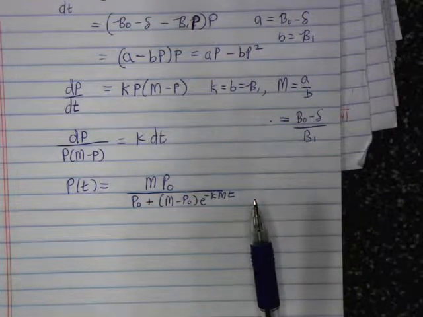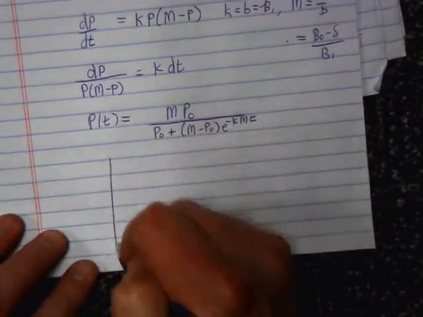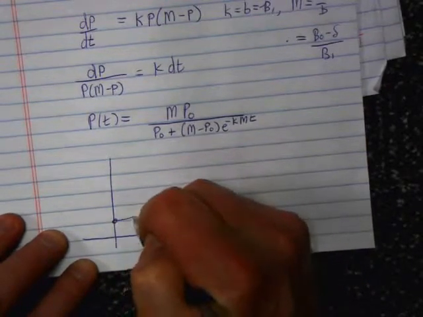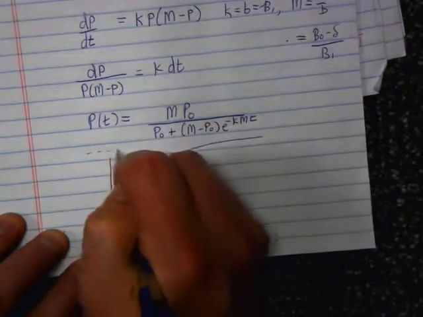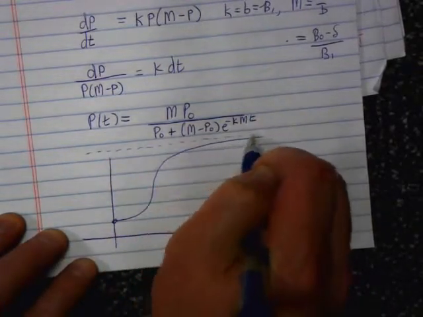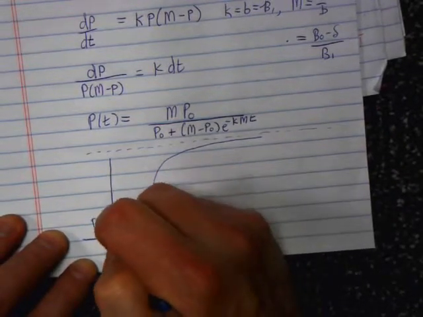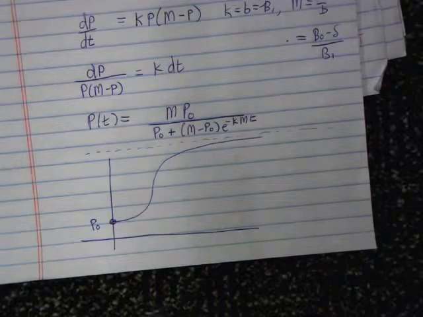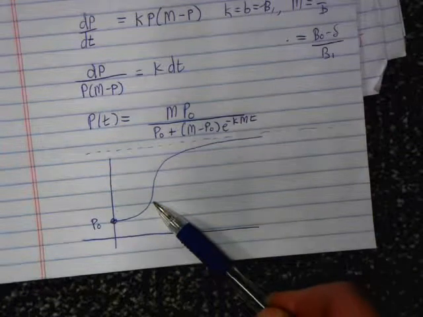You have no idea? All right, so these kind of graphs tend to look like this. Where you have a horizontal asymptote. So this is your starting population. And what happens is your population at first grows exponentially.